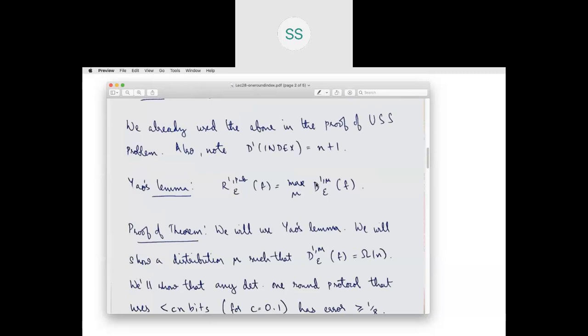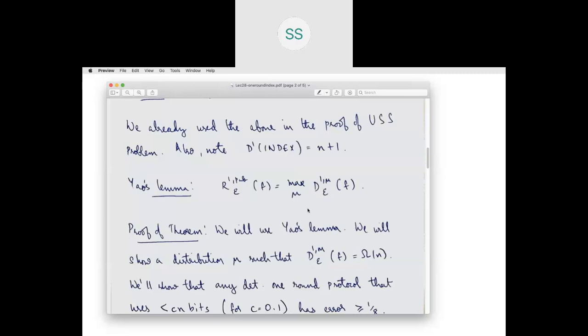So in the left hand side we have the randomized one round complexity with public randomness and error parameter epsilon, and the right hand side we have the randomized one round distributional complexity of the protocol, where the max is taken over the distributions mu and the error parameters epsilon.